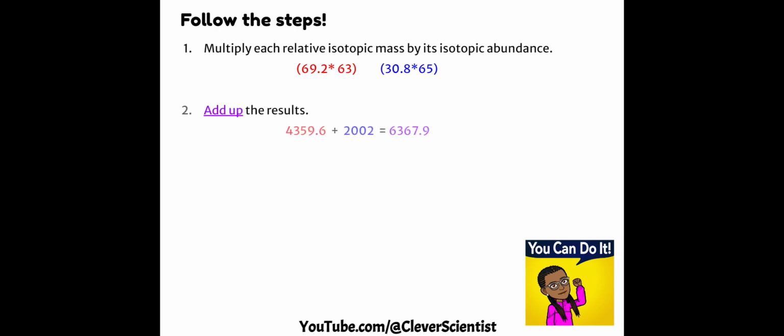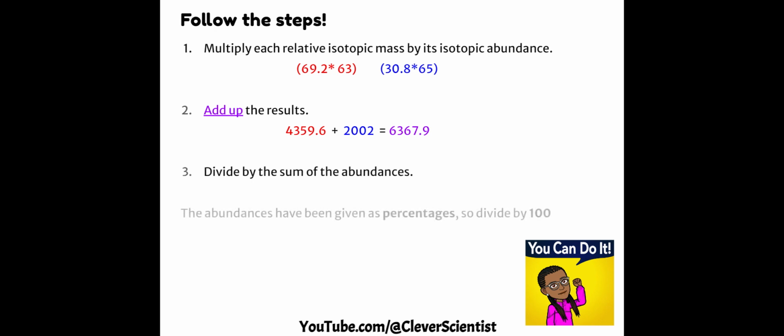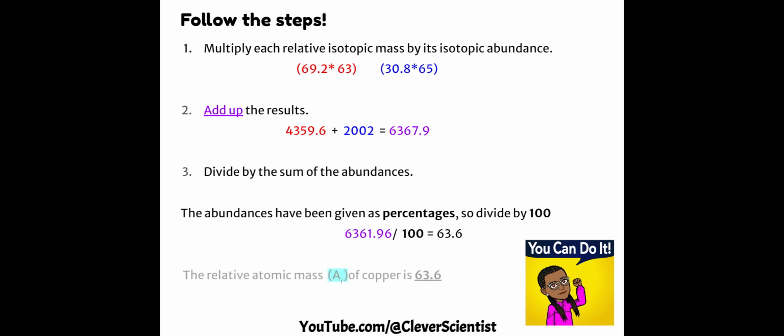So you can see the red number corresponds to copper 63 and the blue purpley number corresponds to copper 65. Again, in the question, the abundances were given as percentages, so we just divide the number by 100, and voila, we have the relative atomic mass of copper, and we've calculated it to be 63.6.